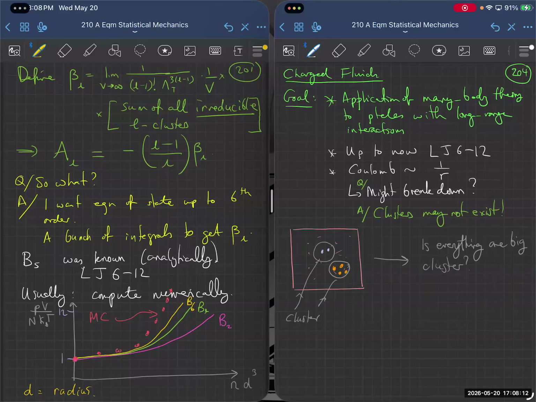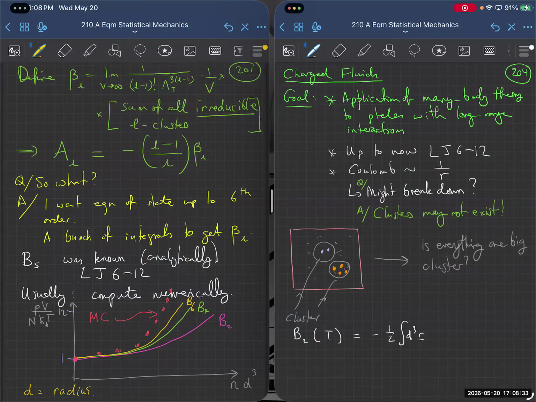So let's go and calculate that. What we're going to do is compute B2. B2 was the second virial coefficient, the one that I derived for you last time, heuristically, without doing the full Mayer cluster expansion.